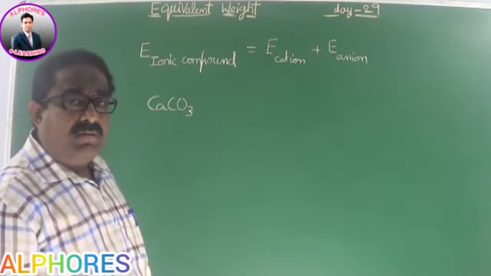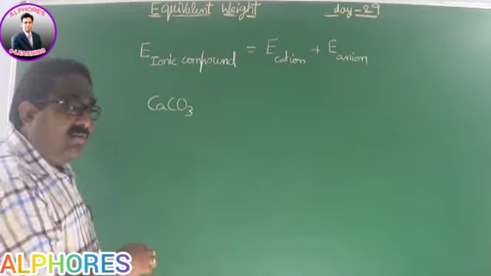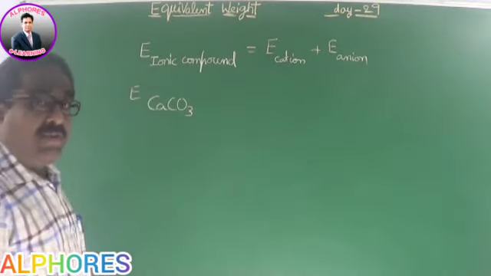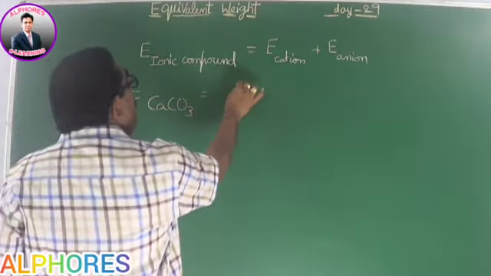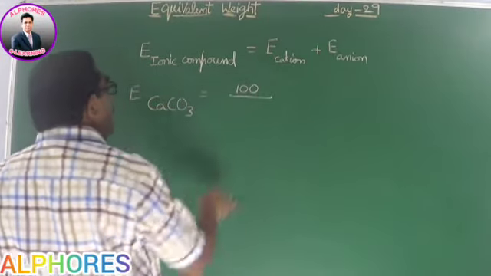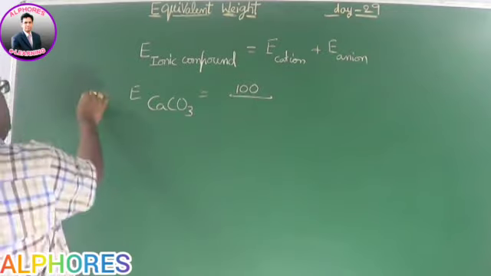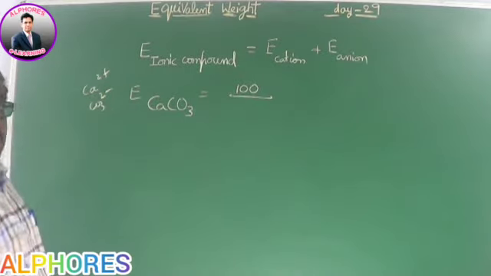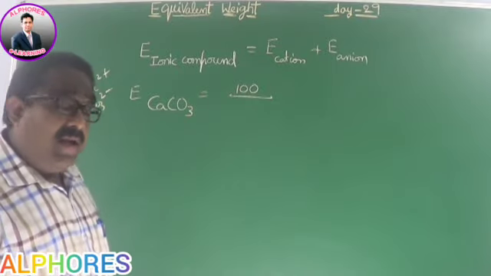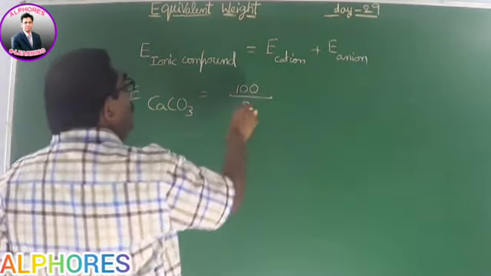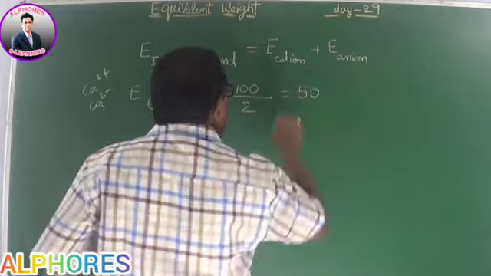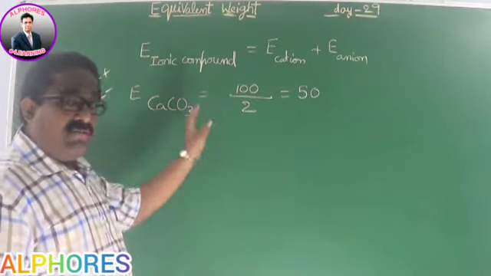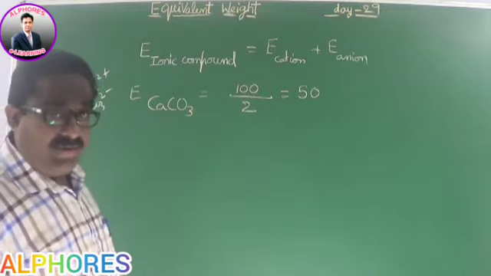Moreover, it is an ionic compound, moreover a salt. So equivalent weight of calcium carbonate is equal to formula mass 100 divided by the charge of cation Ca2+ and that of carbonate ion. So the charge of either cation or anion, both is 2, that is 50. This is how to calculate the equivalent mass of calcium carbonate based on the salt approach.